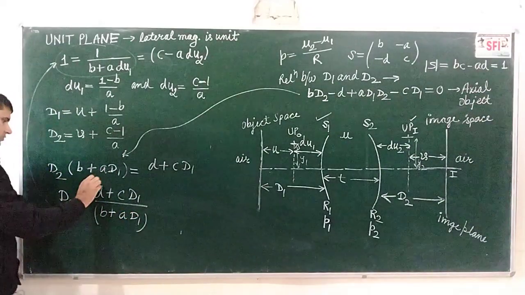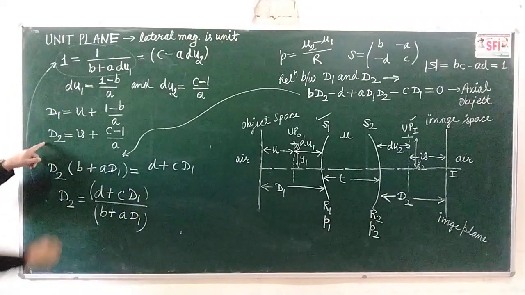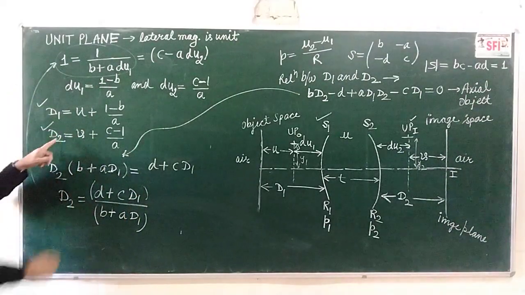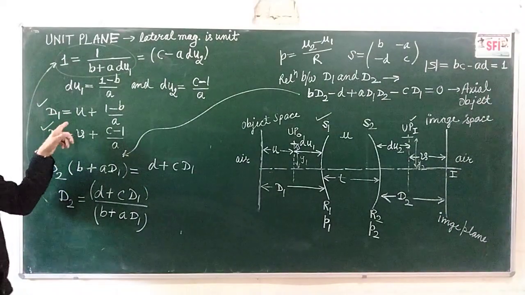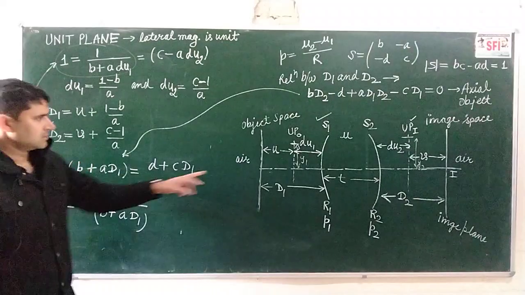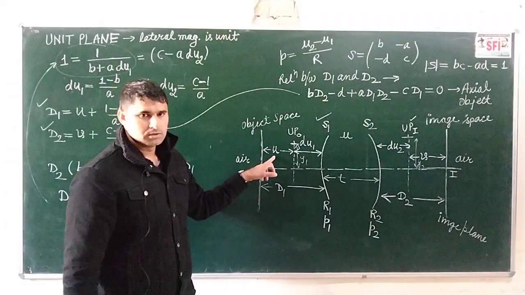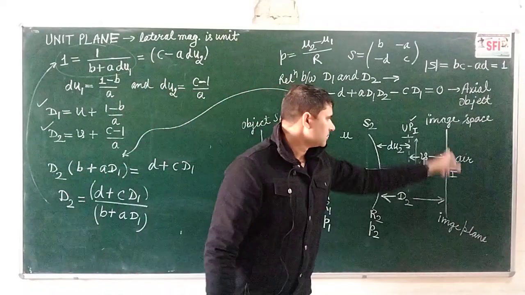Okay, so now you are to put the value of D1 and D2, which you have obtained in terms of distances of the unit planes with respect to the object plane and image plane.